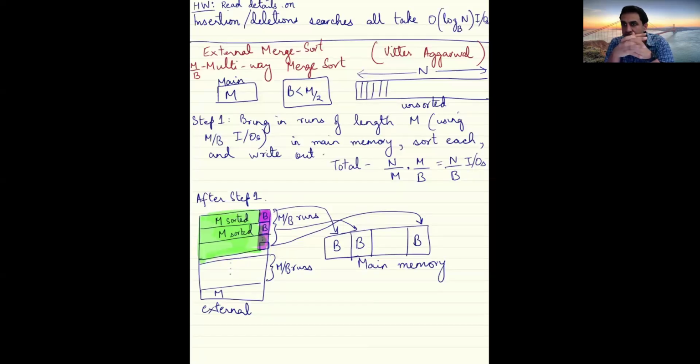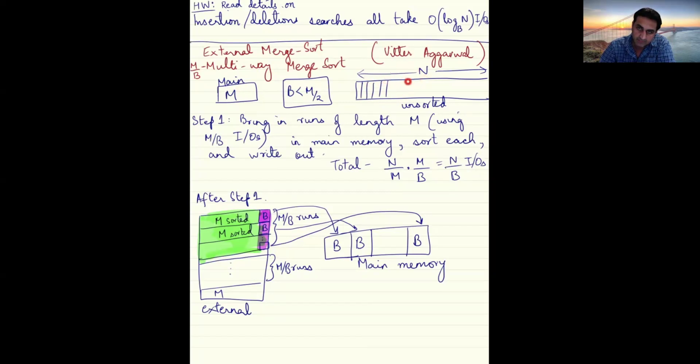Arvind, yes. N is the full size of the disk and M is the size of the chunk. But B is the size of a block. So you can only bring in B things at a time, but I keep bringing in B things until I have a full memory load of size M, and I sort that memory load and I write it back exactly where I brought it from.